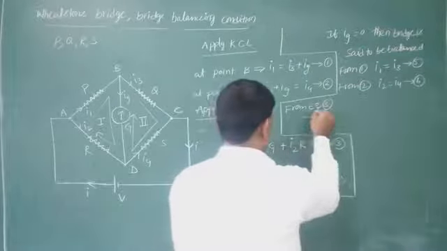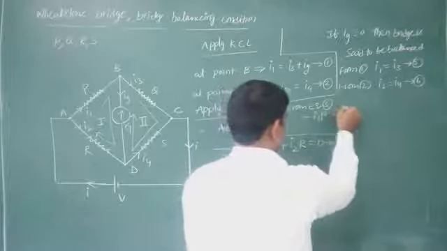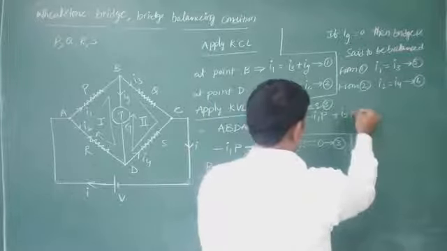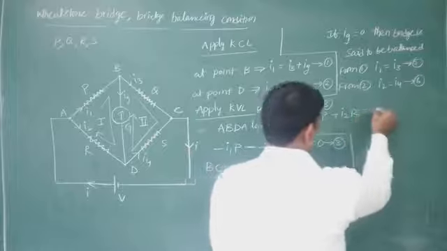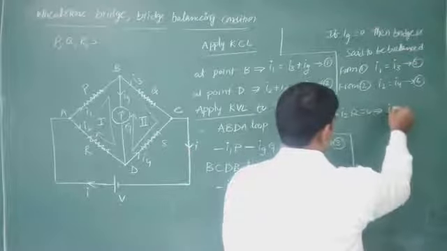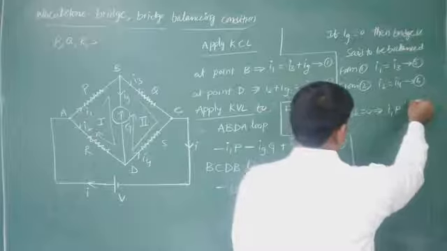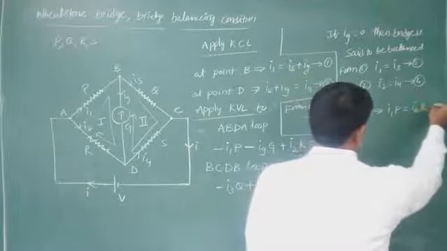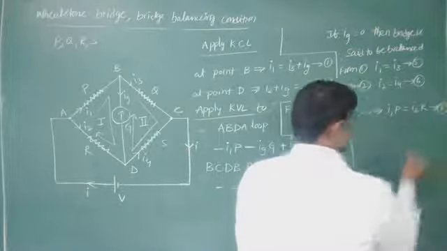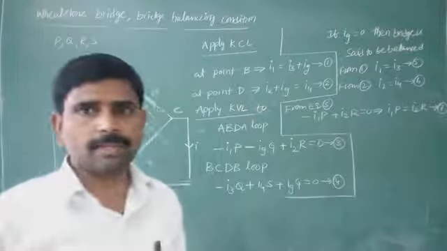Therefore, minus I1 into P plus I2 into R is equal to 0. From this, I1 into P is equal to I2 into R. That is equation number 7.